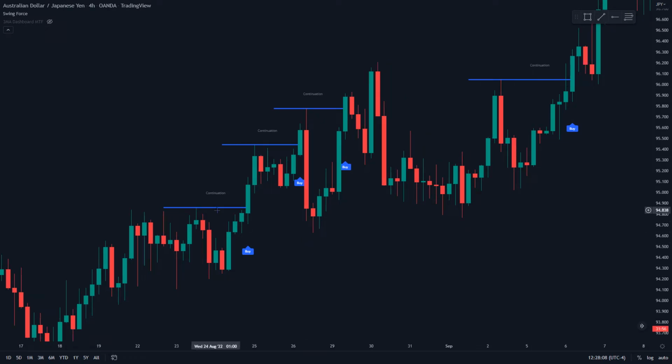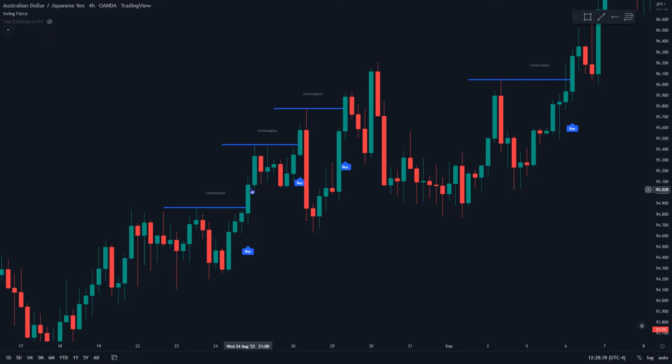This continuation line, in this bullish trend that we have, we are going to use as essentially a resistance turned support. Once price breaks above here, the candle closes, and we have the indicator picking up on this, it's going to be a high probability continuation pattern.